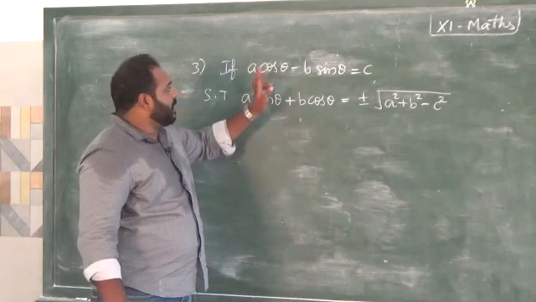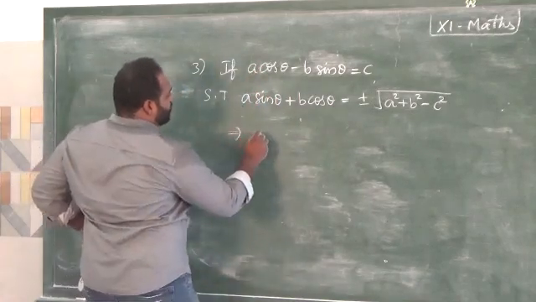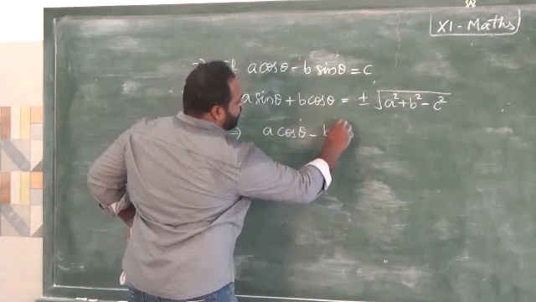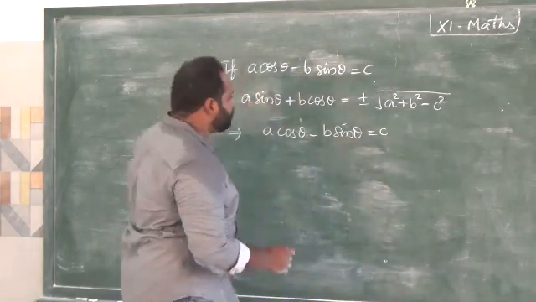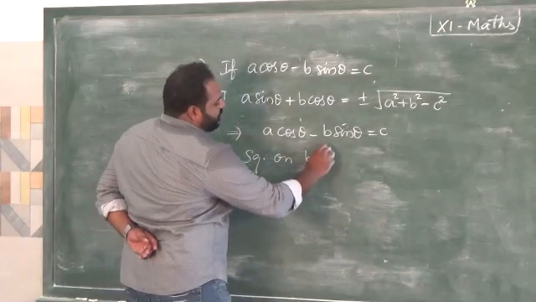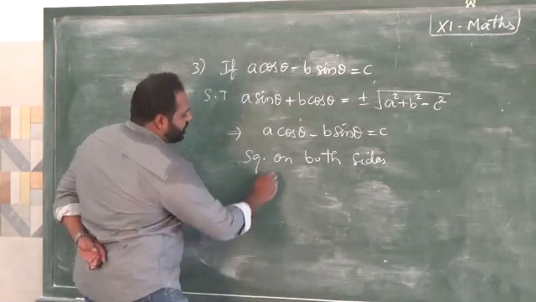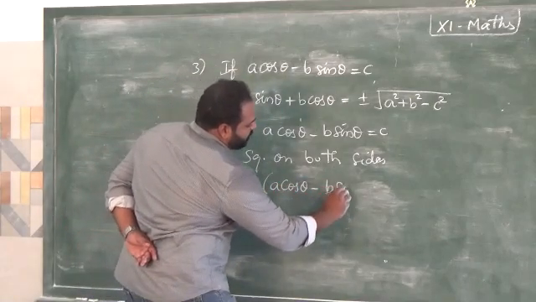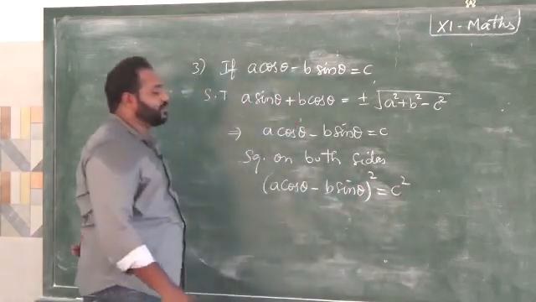I am going to take the given first: A cos theta minus B sin theta equals C. I am going to square on both sides. So A cos theta minus B sin theta whole square equals C square.